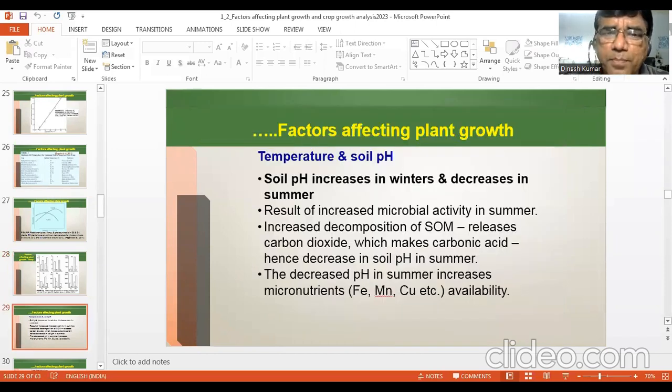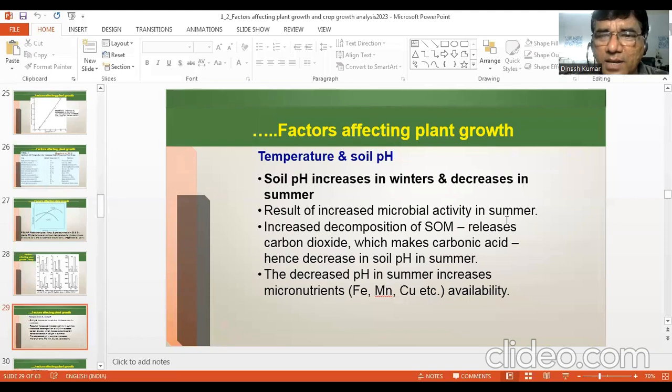Now, another interesting fact is that the temperature of the soil increases in winters and decreases in summer. So it is dynamic, influenced by the temperature. In summer, the temperature results in increased decomposition of organic matter, and a lot of hydrogen ions are released that will acidify the soil.